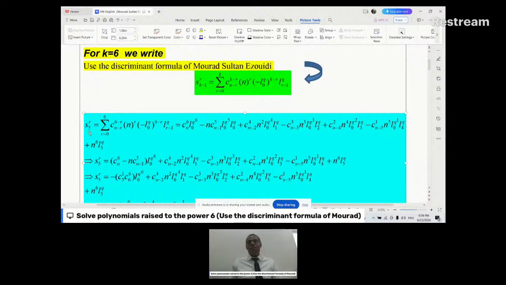Okay, and we hope so. The most important thing is that you will get the new theorem of Mourad Sultan Ezouidi. Not only this formula, learners. There are so many formulas.